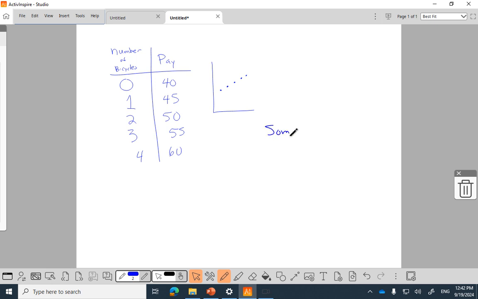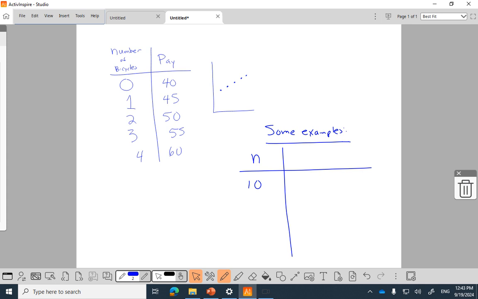Some examples. Let's say his number of bicycles is 10. Yes, I could build the table all the way down, but boy, oh boy, that's getting big. How would we come up with how much money he would make?